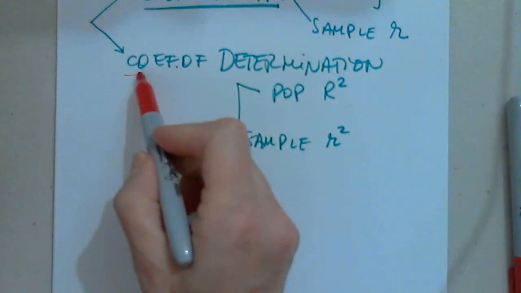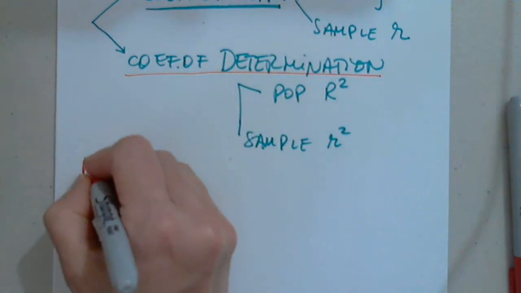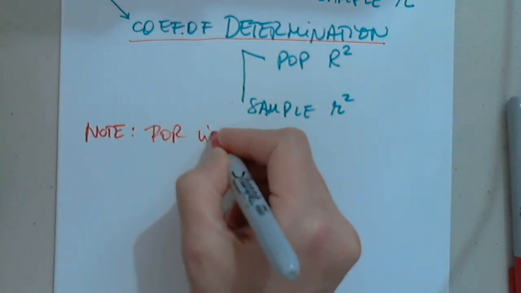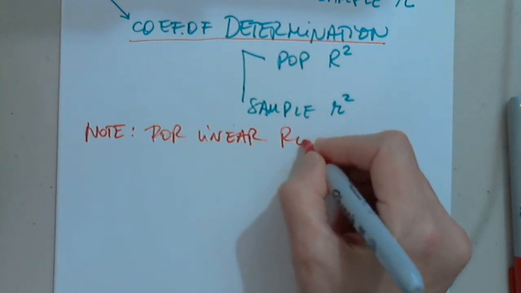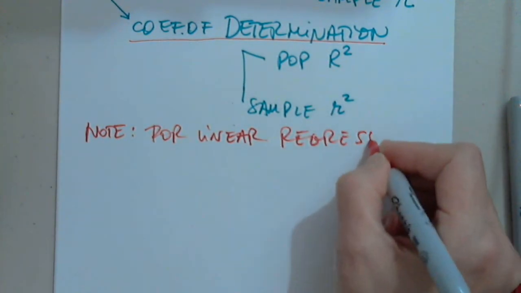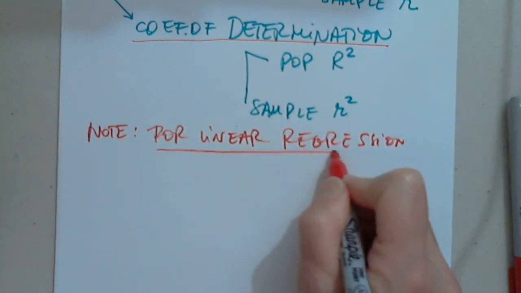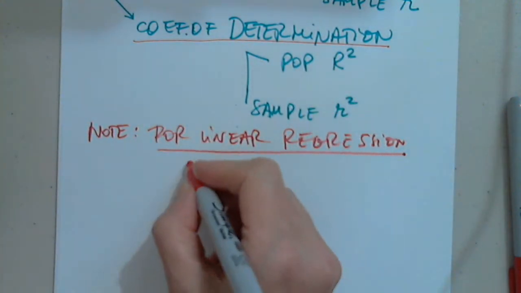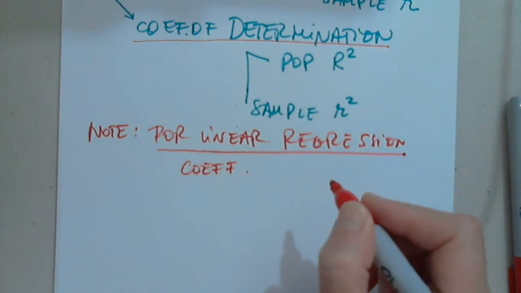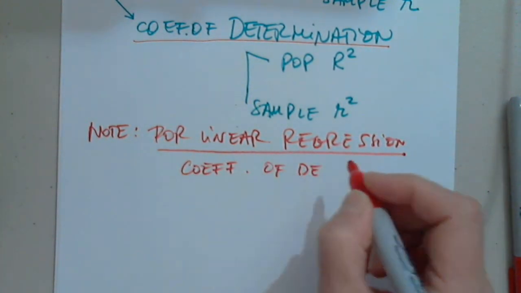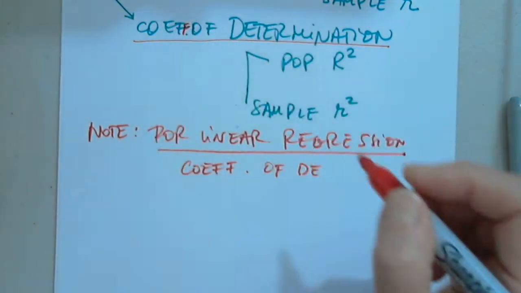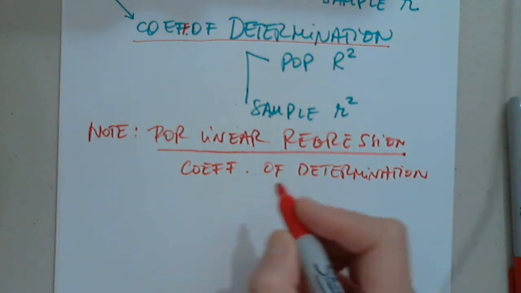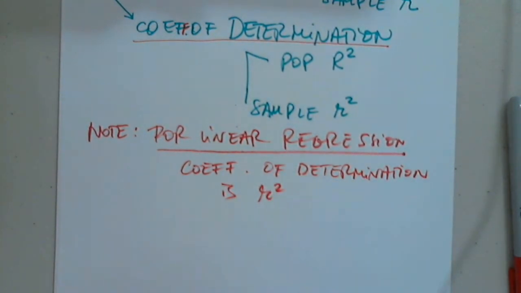That's what the coefficient of correlation is telling us. But what about this? And I will put a note, first of all. For linear regression, only for linear regression, coefficient of determination is r squared.